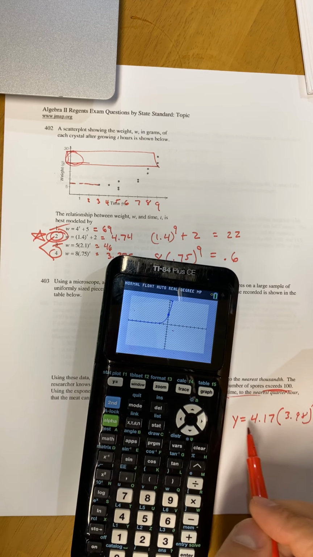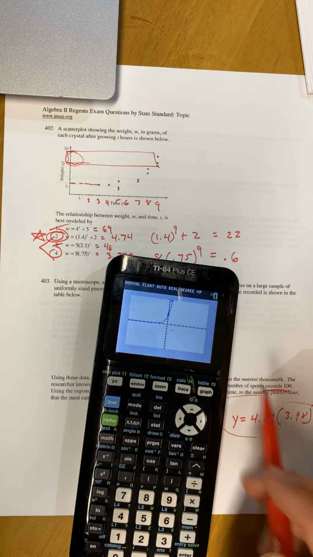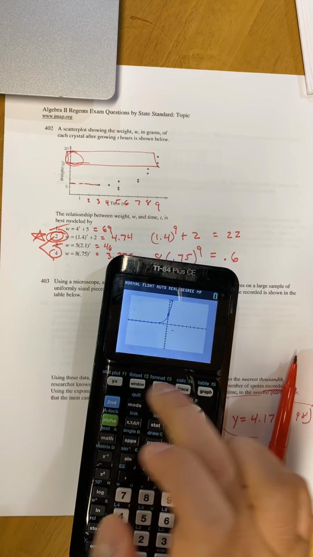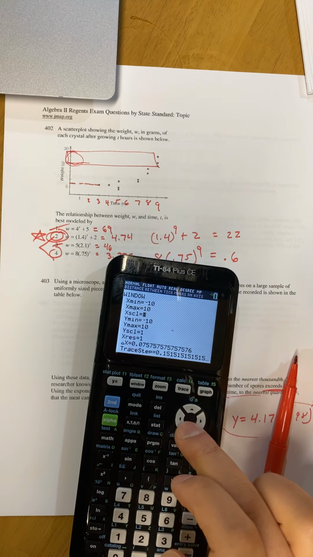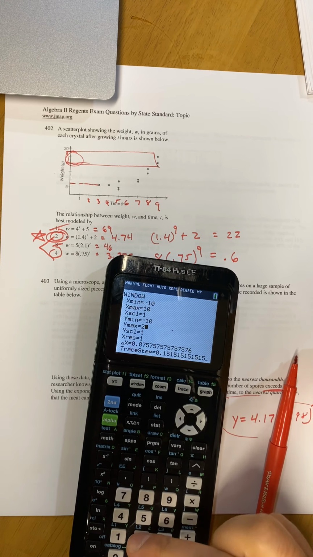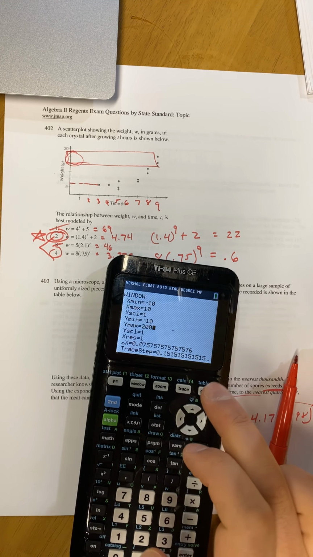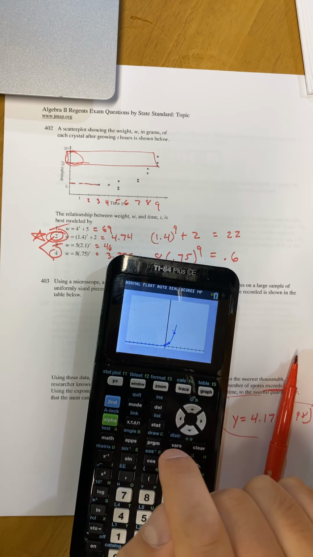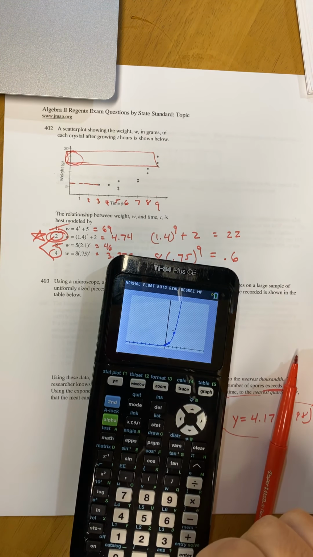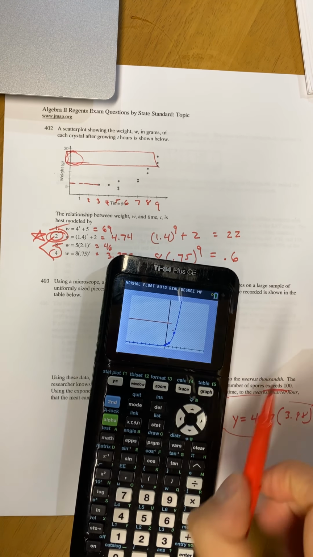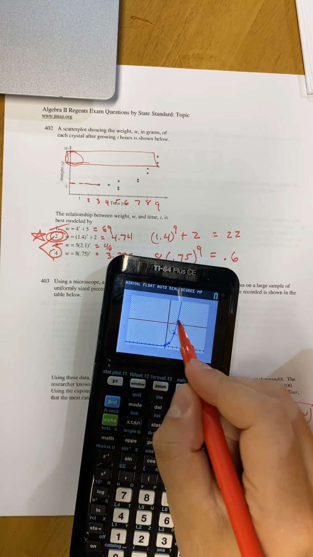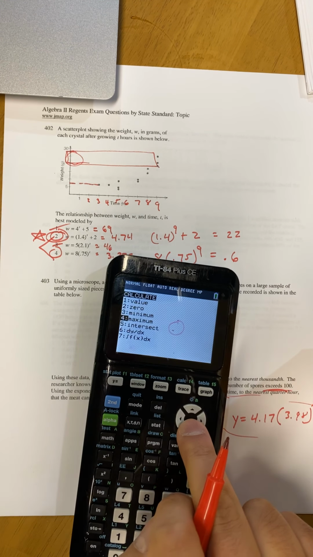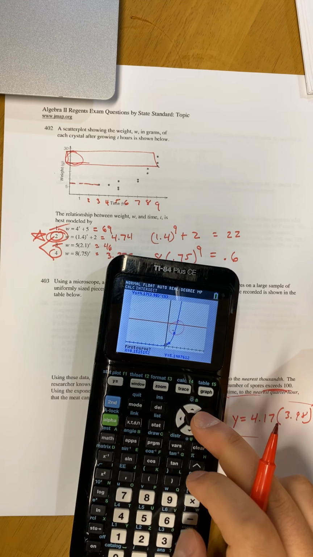So there's the exponential equation. All right, now it's got to go to 100. So here, let's change the window. Let's do the maximum y to 200. Oh, I got to get rid of those points. Or maybe not. So I got to find out where that intersection is. So hit second, trace, intersect.